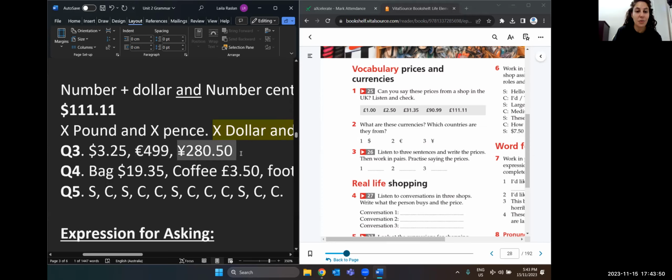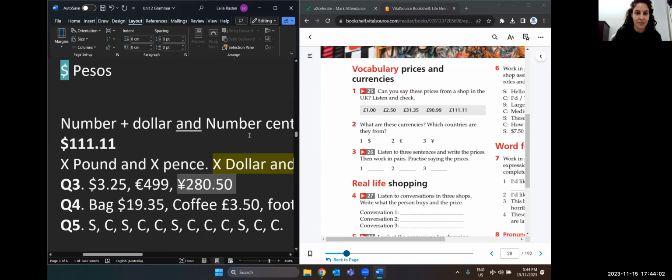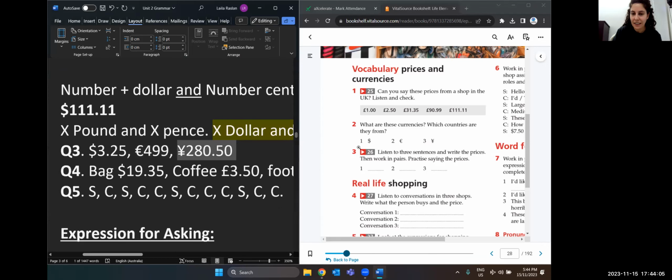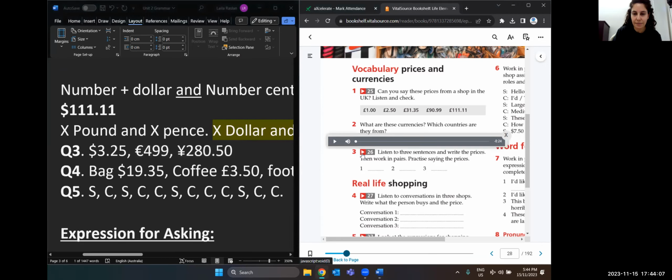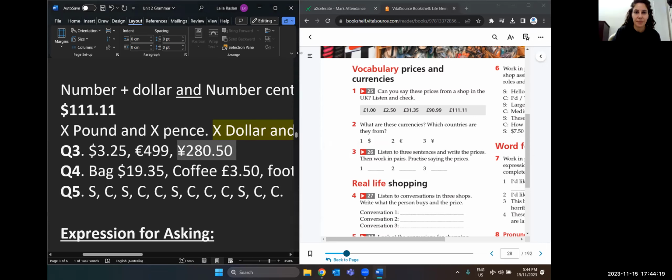And the last one, what did we hear? 280 yen. And 50. Your ticket is 280 yen 50. They just say and 50.